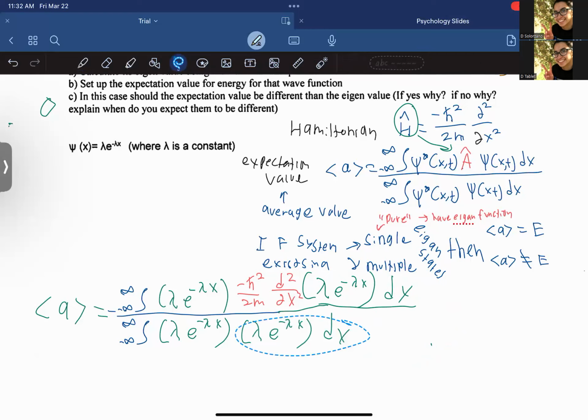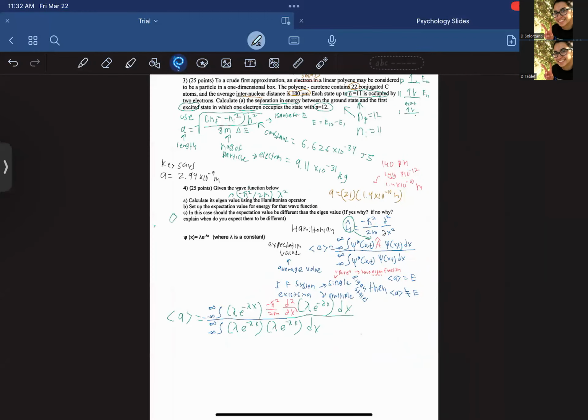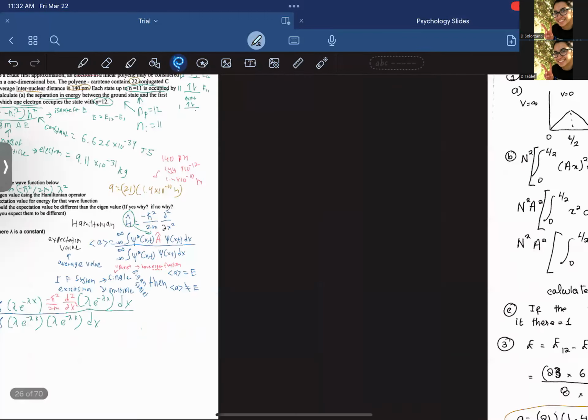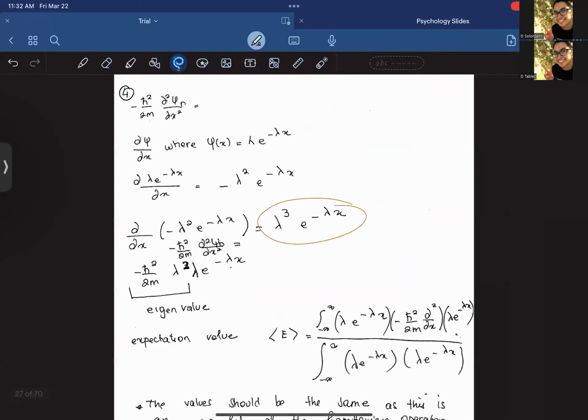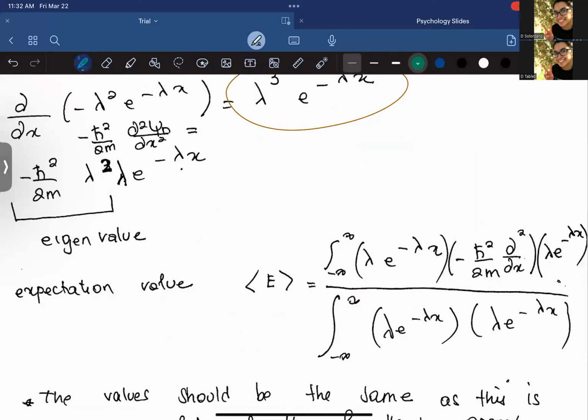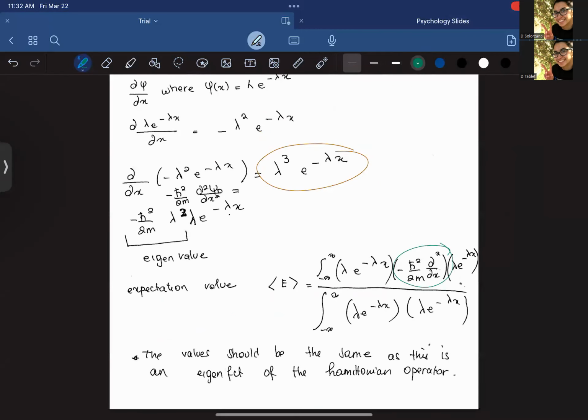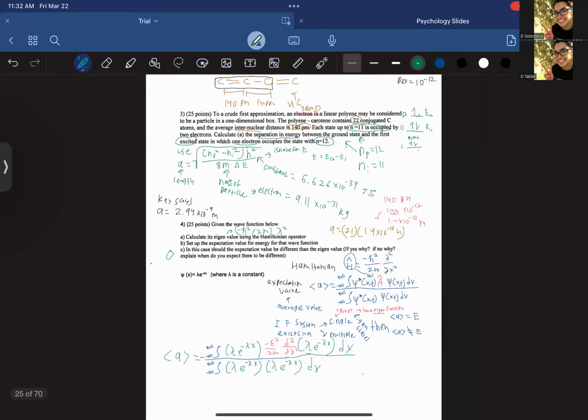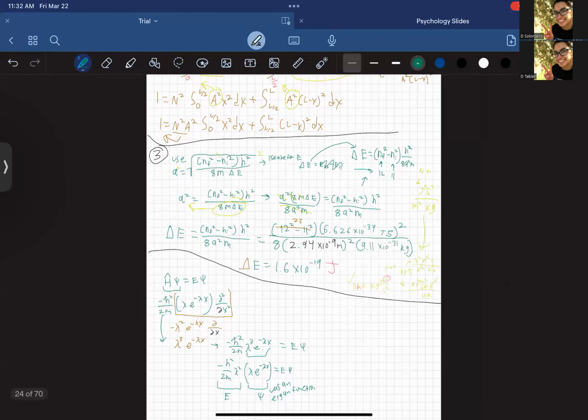I'll move this closer just because it's nicer. And then we'll go ahead and double check this. Yeah, cool. That was right. And the value should be the same. Yeah, it should be the same because we saw that we got the same wave function back.